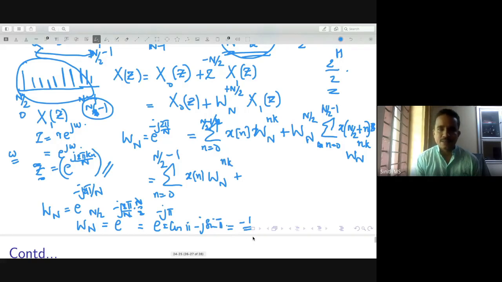So this is minus 1 Wn raised to, and inside you have sigma x of n by 2 plus n Wn raised to kn. Is it correct?